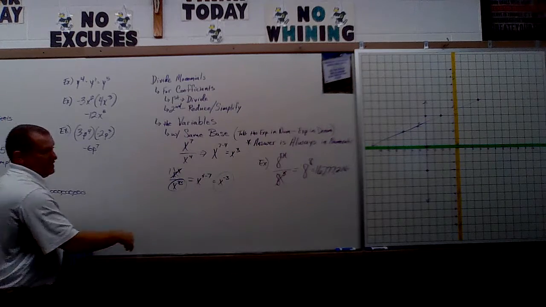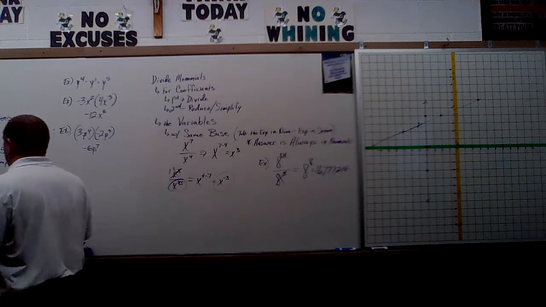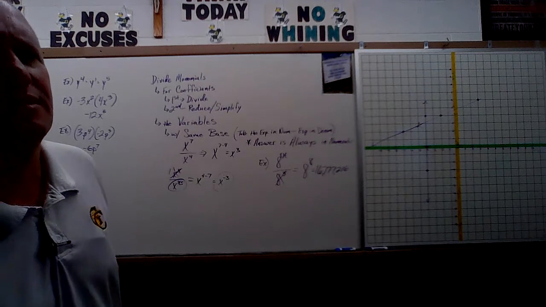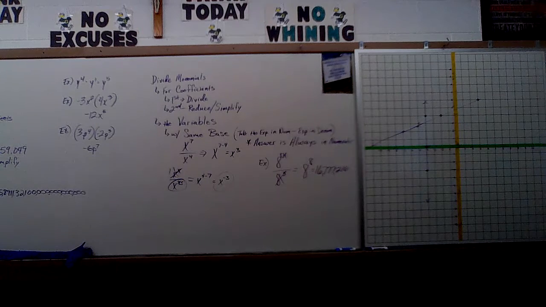Everybody, again, if you need a calculator, make sure you find a calculator and know how to use the calculator. Well, I really can't see this one. M to the 6th? Is that what it says? And to the 5th. And then 4M to the what? Alright. So, again, do the numbers and then do the variables.